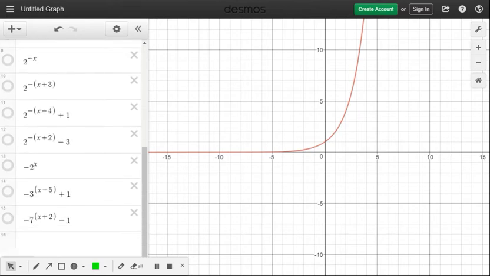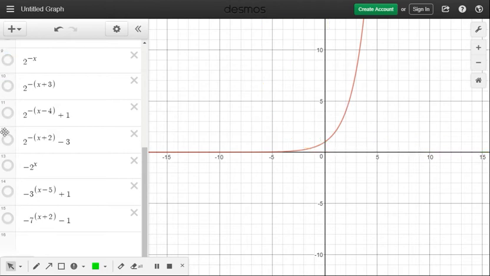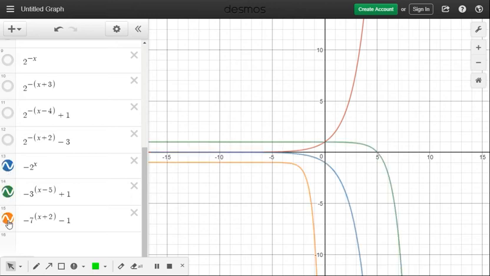Now if we have a negative on the x, the exponent, then it's going to reflect across the y-axis. Same as all the other examples here. Reflected across the y-axis, if there's a negative on just the x. Now, if there's a negative on the base or negative outside the function, they're all reflected across the x-axis. So pretty similar to the transformation from 1.5.